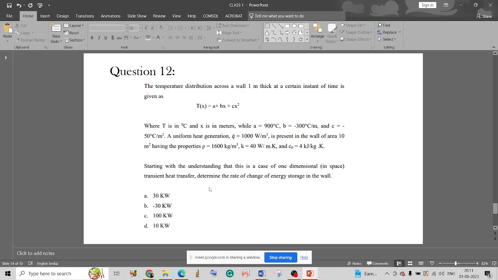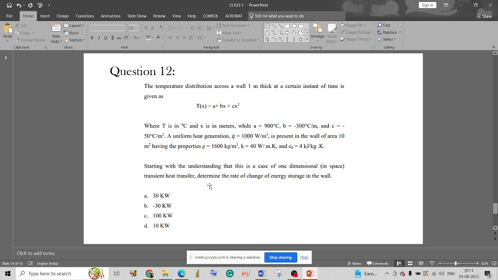Okay. So we have to find out the temperature distribution across the wall of 1 meter thickness. That is, the thickness of the wall is 1 meter, right? And the other properties are also given: the density is 1600 kg per meter cube, the thermal conductivity is 40 watt per meter Kelvin, and the heat capacity is 4 kilojoule per kg Kelvin, right?